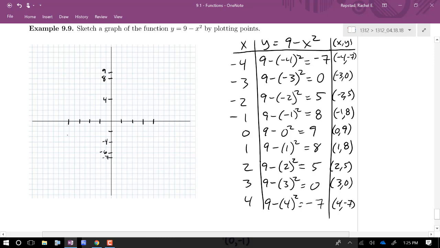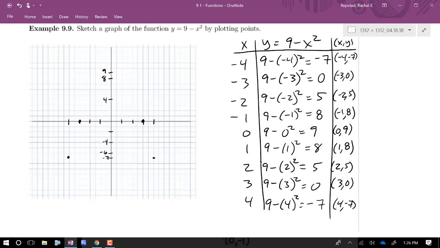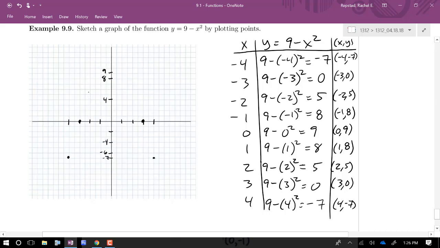So we plot some points. At 4 and negative 4, we are at negative 7. At negative 3 and 3, we're at 0. At negative 2 and 2, we're at 5, so that would be up here.